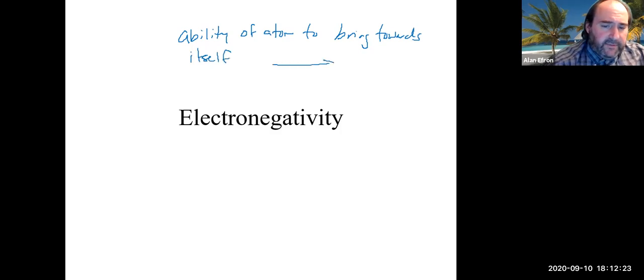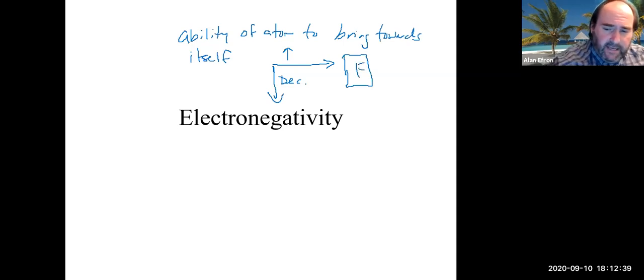And again, as we talked about, it increases as you go up and right on the periodic table and decreases as you go left and down on the periodic table. Again, fluorine being the most electronegative element that we can have.